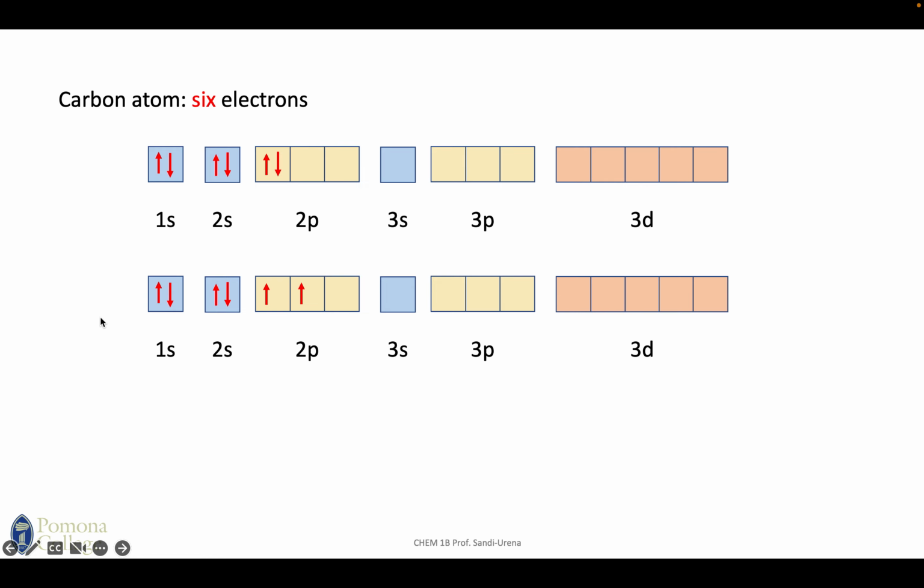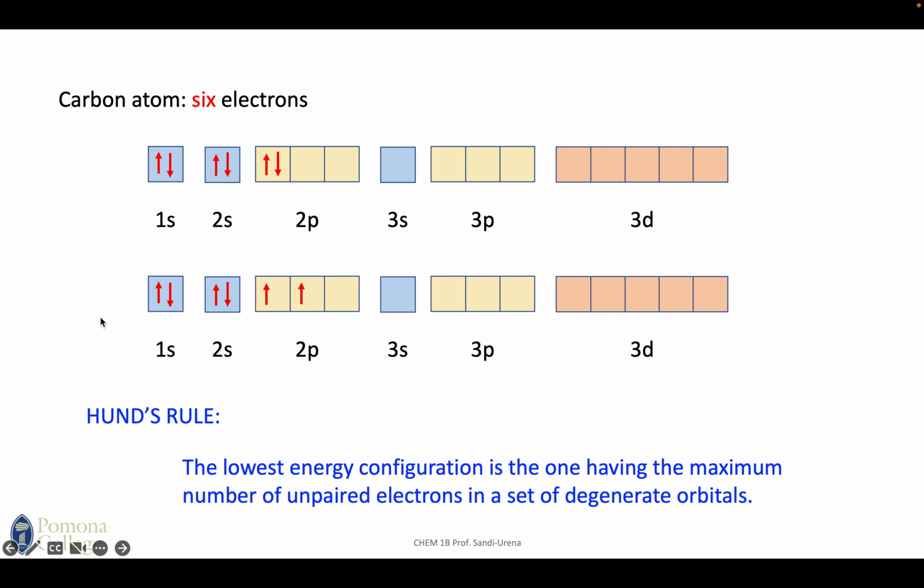So that leads us to another rule, and this one's called Hund's rule, because it's German. And Hund in German means dog, D-O-G. But the reason why we call it Hund's rule is not because of the dog, it's because it just happened to be the last name of the scientist who proposed this idea.